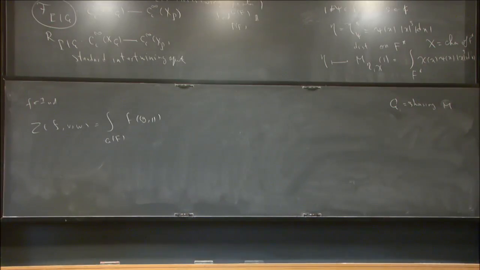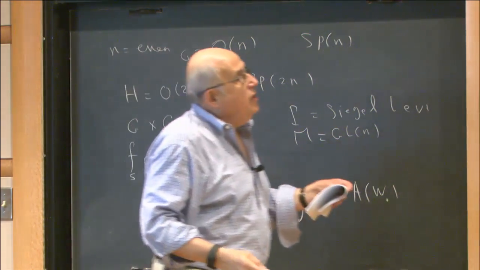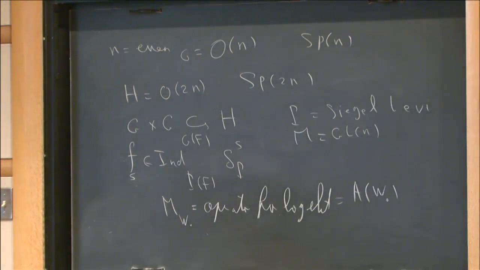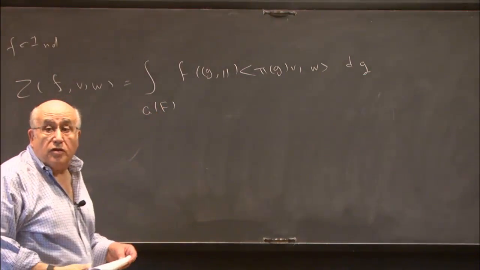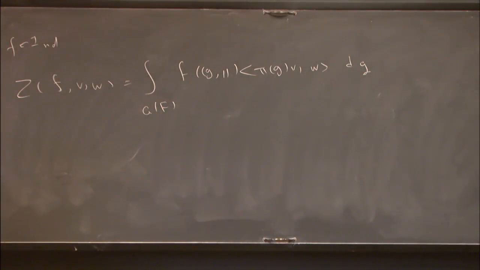Remember, there's an embedding of G cross G into H. They take a function f_s in here, evaluate it in this and integrate it against the matrix coefficient <pi(g)v, w>. So they have exactly the same zeta integral as Jacquet and Godement have.